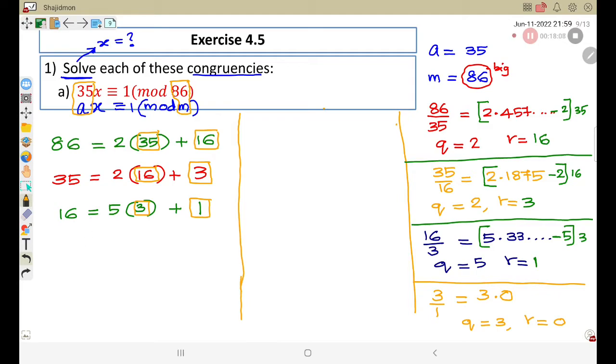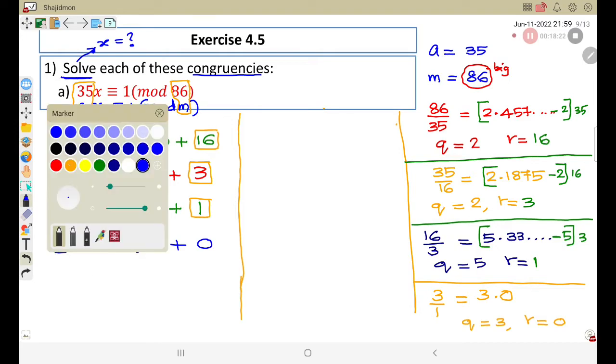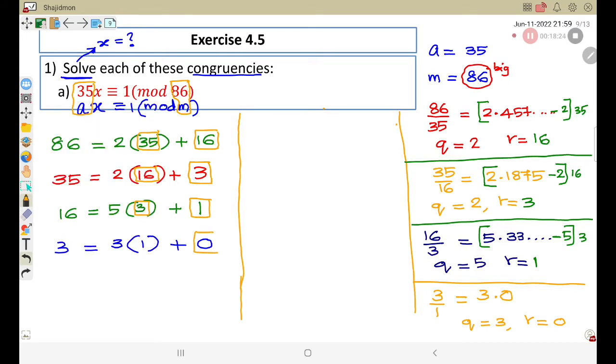So we can write the last step here, 3 equals, quotient is 3, multiply divisor is 1 plus remainder is 0. Once we get 0, as I told in the last questions, we stop the Euclidean algorithm.